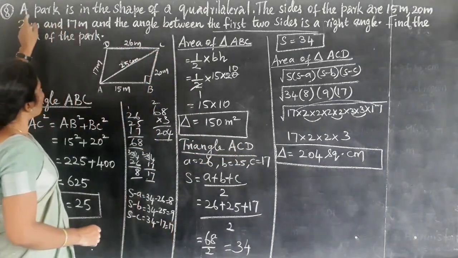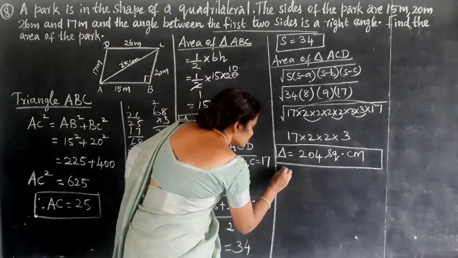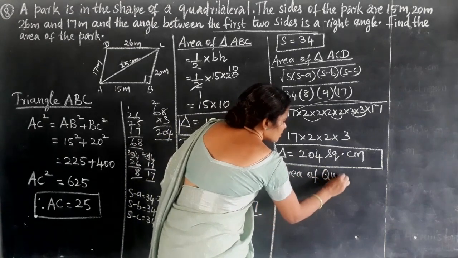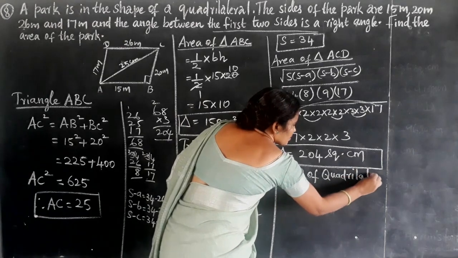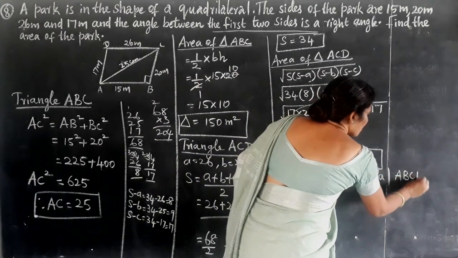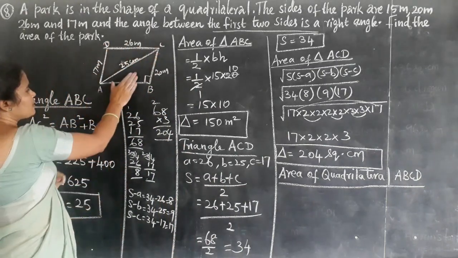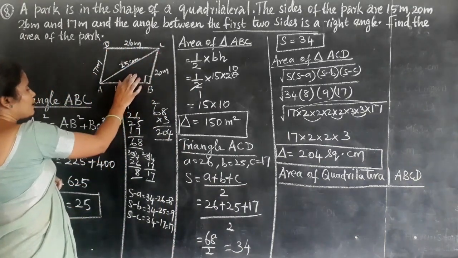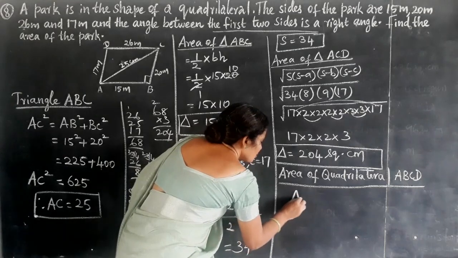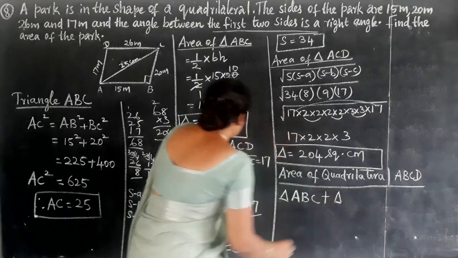So we are asked to find the area of a path which is in the shape of a quadrilateral. So the area of quadrilateral ABCD: first add the area of triangle ABC plus the area of triangle ACD.